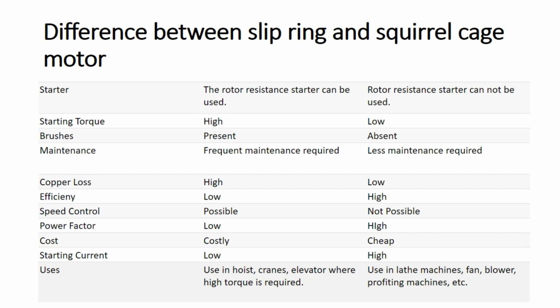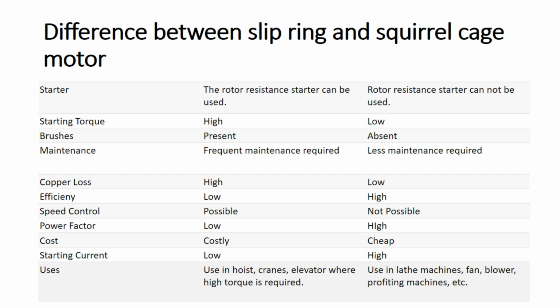Speed control in a slip ring motor is possible, but for a squirrel cage motor it is not possible because there is no resistance we can add, or any value of current we can change.